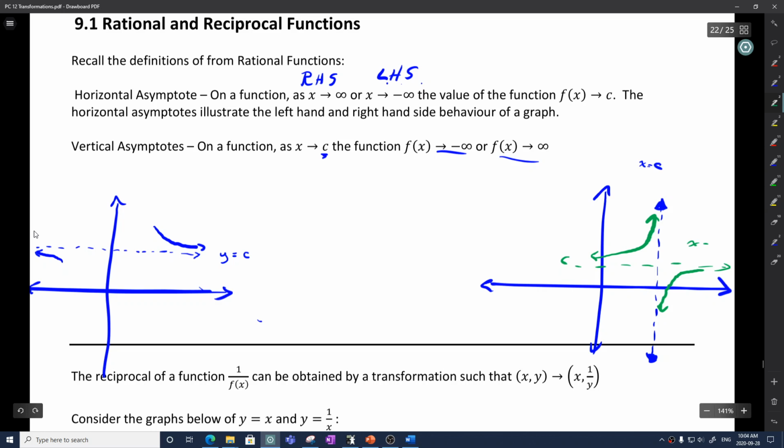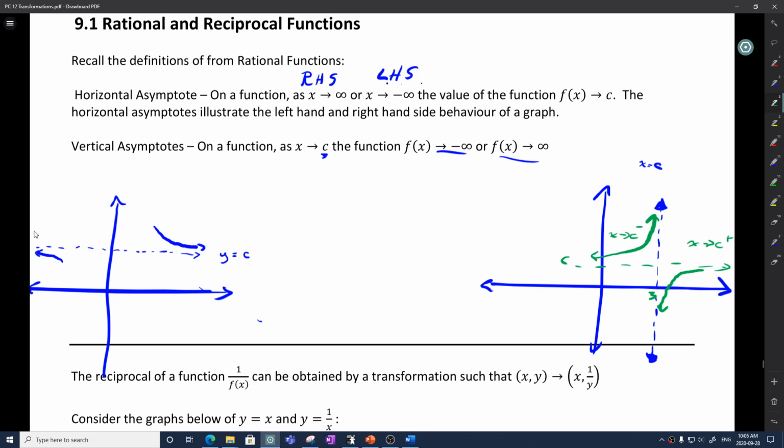So we say this is as x approaches c from the positive side, as x approaches c from the negative side. So horizontal asymptote is basically as we go all the way off the graph, the function will approach some constant. And a vertical asymptote is as x approaches some constant. As x gets, say, this might be 3, as x gets closer and closer to 3, the value of the function gets almost to infinity or negative infinity.